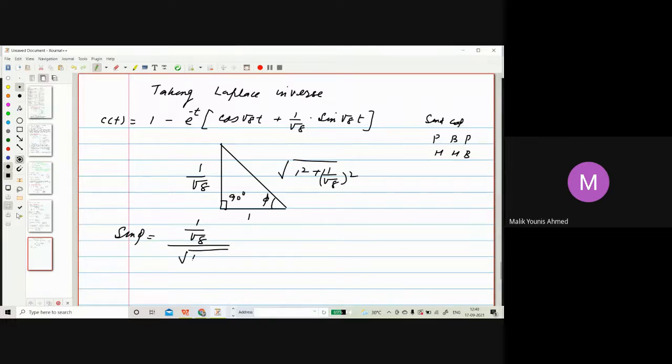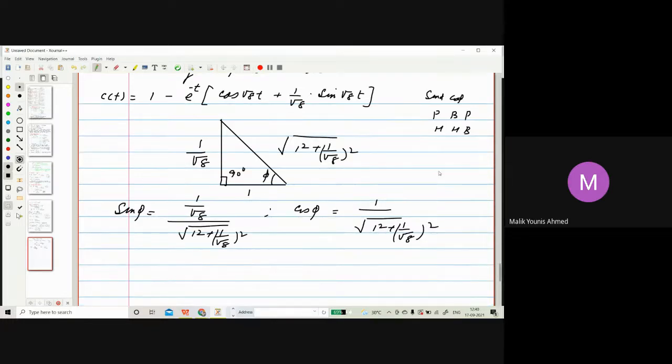Under root of 1 square plus (1 by under root 8) square. Cos is base by hypotenuse. Base is 1, over under root of 1 square plus (1 by under root 8) square. So these values I am going to use.